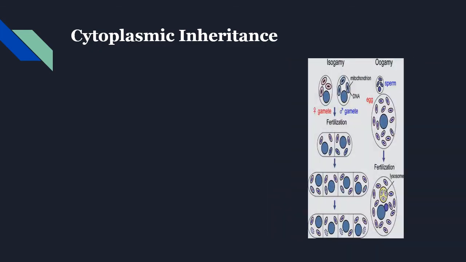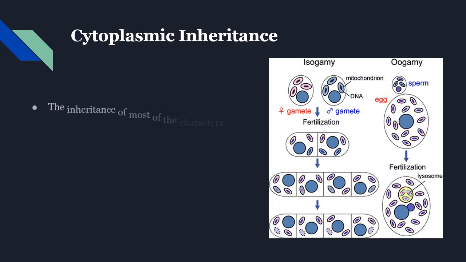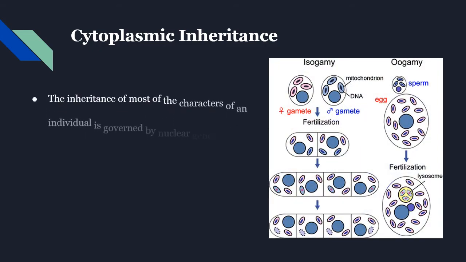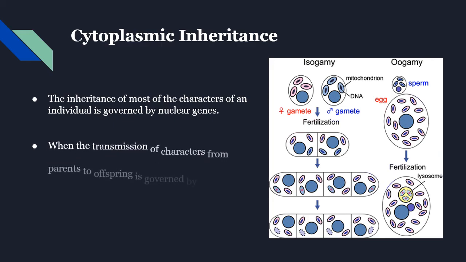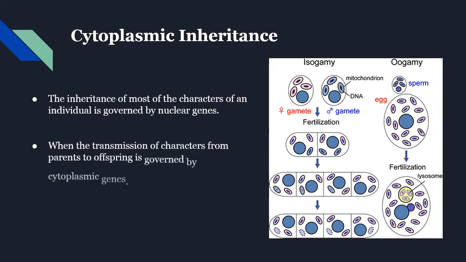Cytoplasmic inheritance. The inheritance of most of the characters of an individual is governed by nuclear genes. But in some cases, the inheritance is governed by cytoplasmic factors or genes, when the transmission of characters from parents to offspring is governed by cytoplasmic genes.